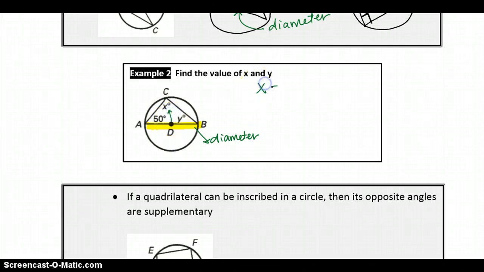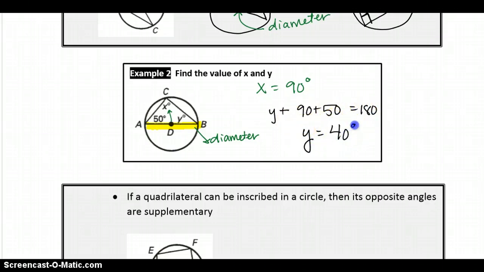So therefore, x must be 90 degrees. To find the value of y, we know that all the angles in a triangle add up to 180. So I can take y plus 90 plus 50 equals 180. If I subtract the 90 and 50 over, I get that y must be 40 degrees.